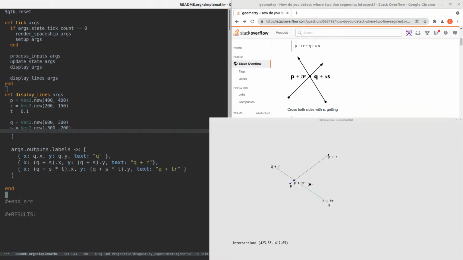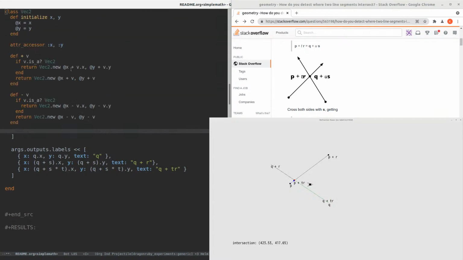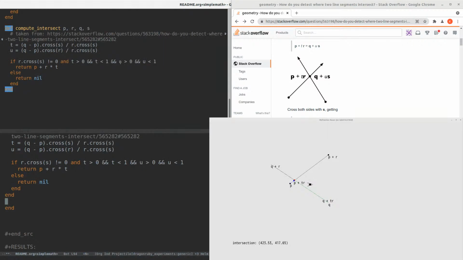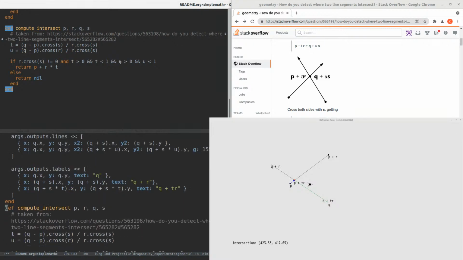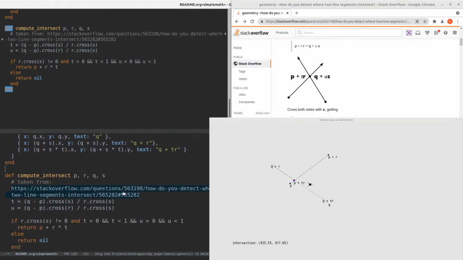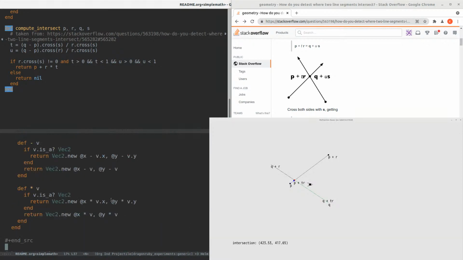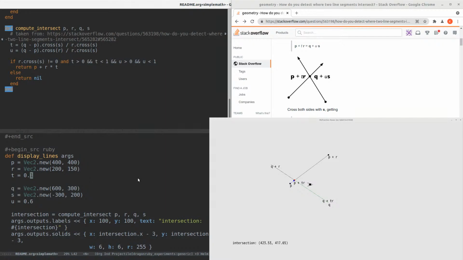We'll pop that in there, and then we'll also add in, where's the intersection stuff? Compute intersect. Let's drop this in here. Oh, no, wrong place. Down here. And the nice thing about this is it'll get rendered nicely on GitHub, I'm assuming. So we can at least have this as a reference later.